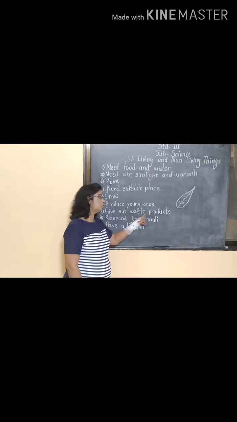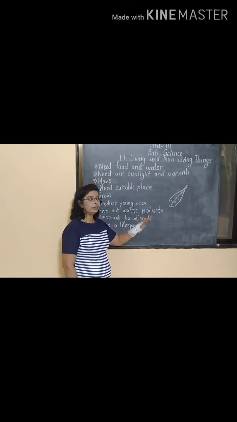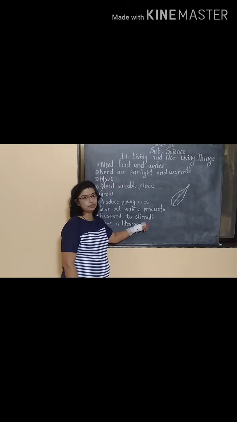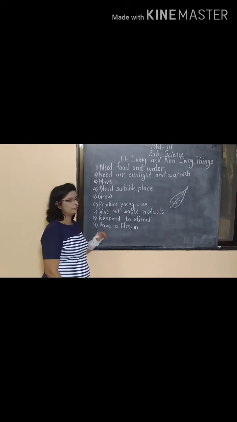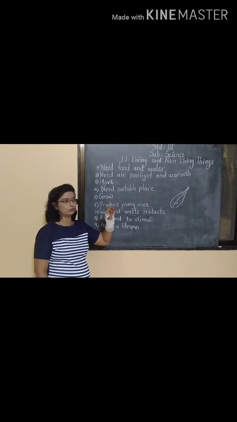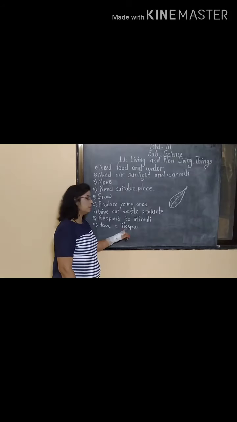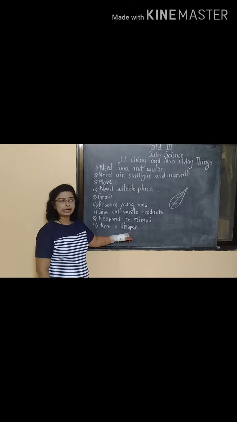Living things give out waste products, while non-living things do not give out waste products. Living things respond to stimuli, while non-living things do not respond to stimuli. If you throw something towards the wall, will the wall respond? No. Then living things have a lifespan, while non-living things do not have a lifespan.